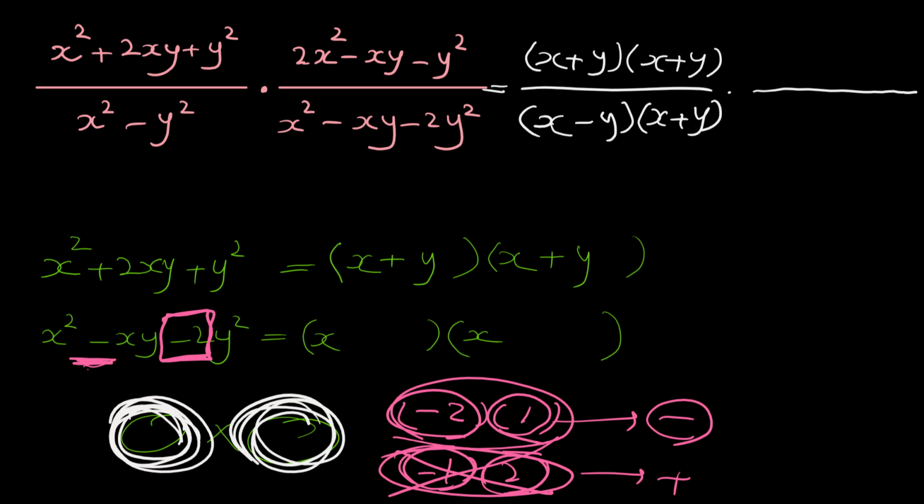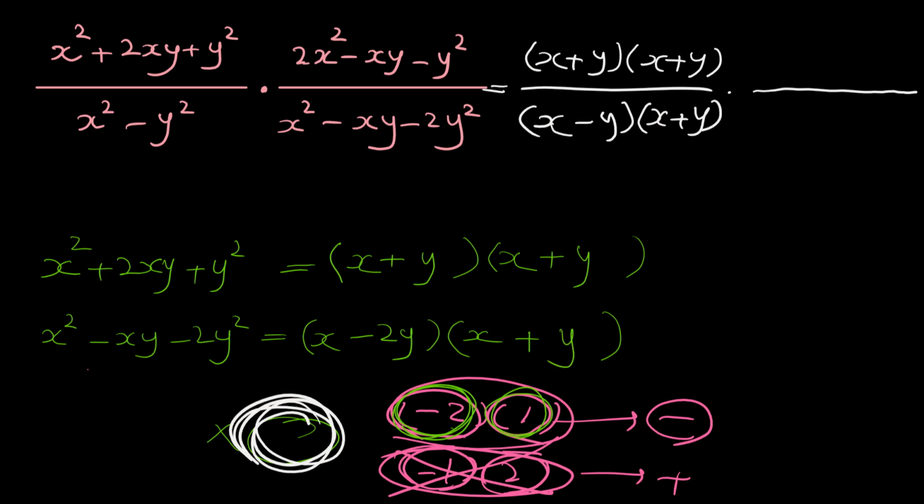So this is not the answer we look for. So the terms we are looking for are negative 2y plus 1y, or y. And this is the factored form of this expression.